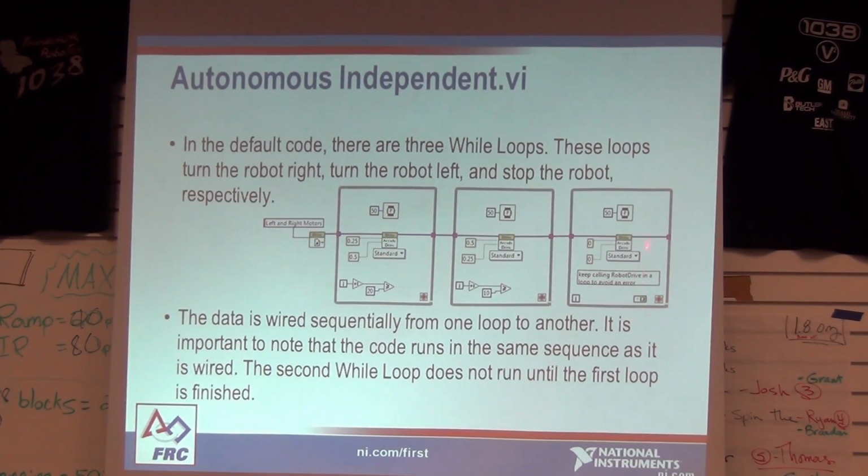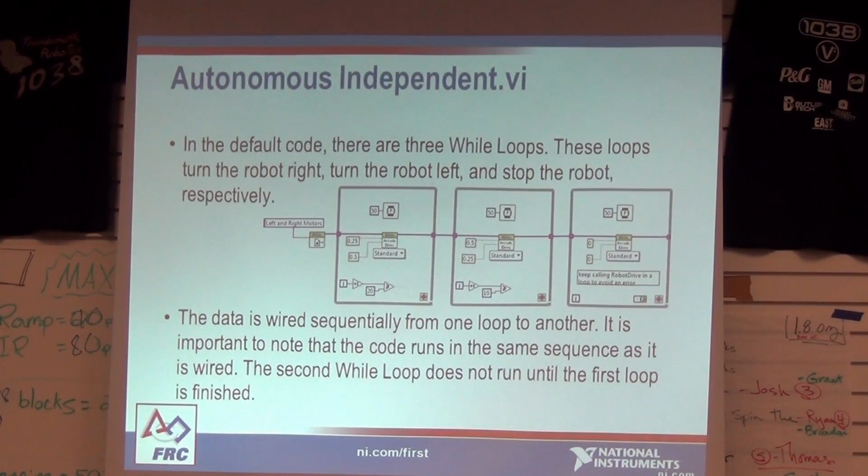And then this is going to basically stop. You're going to set your motor values to 0 speed, which is going to stop the motion. So you're going to turn left for a second, turn right for half a second, and then you're going to stop. And it says, keep calling robot drive in the loop to avoid an error.